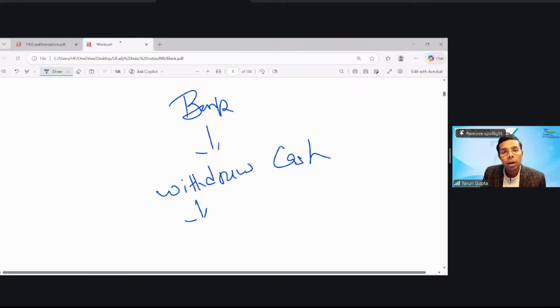Meaning the bank shall withhold tax on such withdrawal amount, which it shall deposit as TDS, as a tax payment of the assessee, though there is no income of the assessee in the withdrawal. So therefore, it's a very unique section.